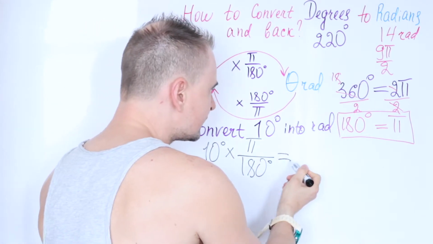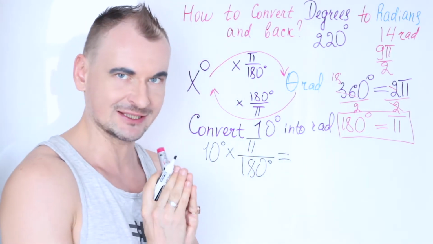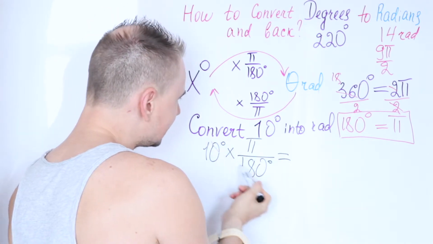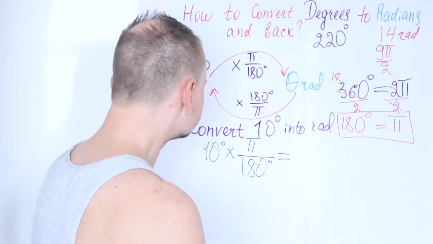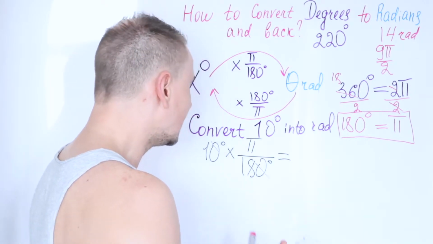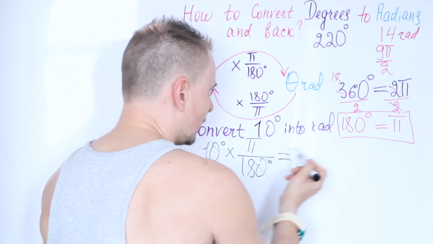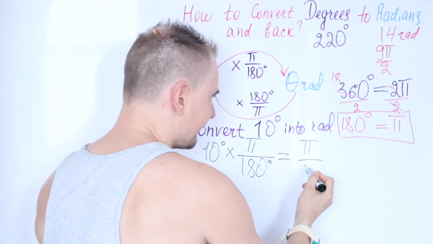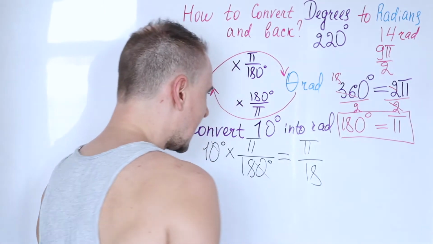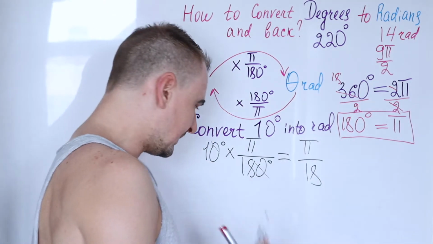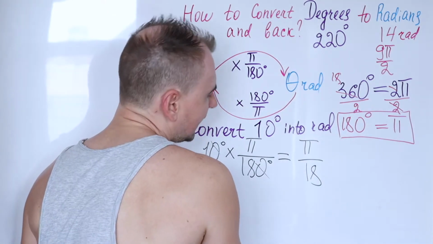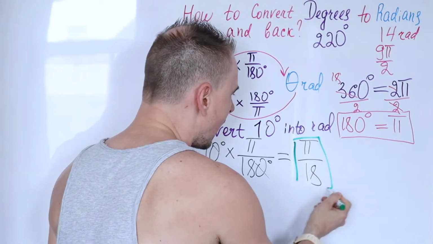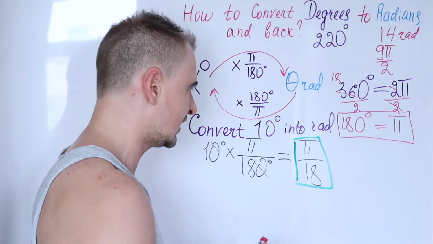Now all you need to do is make sure you get it in the simplest form possible. So great news again, the zeros go away and basically we are done. Pi still remains on top of your fraction and you have 18 on the bottom. No more simplifying can be done at this point, and that's your final answer. That's your radian measure for that 10 degrees.